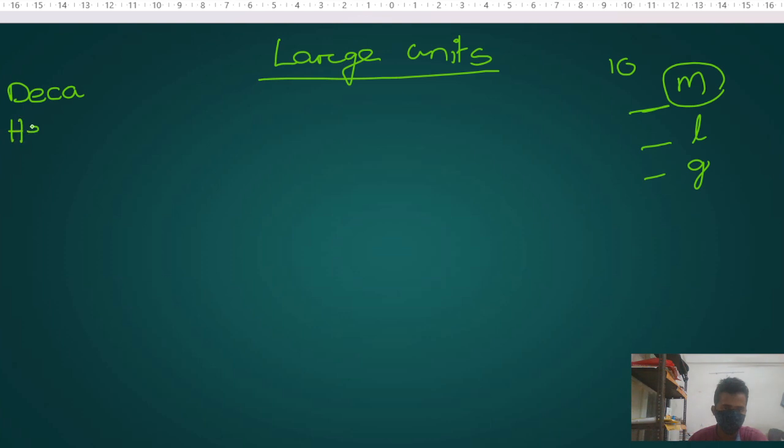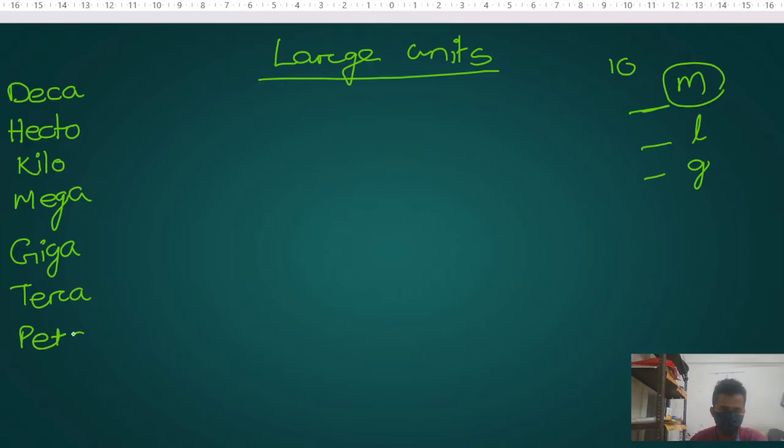After that hecto, then kilo, mega, giga, tera, peta, exa, zetta, yotta.